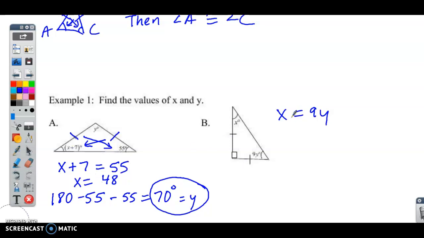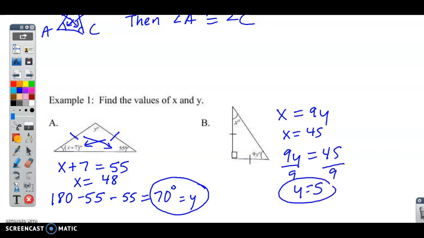Which makes x equal to 45. Because if that equals 90, and the other two angles have to add up to 90, and they're the same, they each have to be 45, which means x is 45, so then that also means that 9y is 45, so you divide both sides by 9, you get y is 5. So those are your two answers right there.